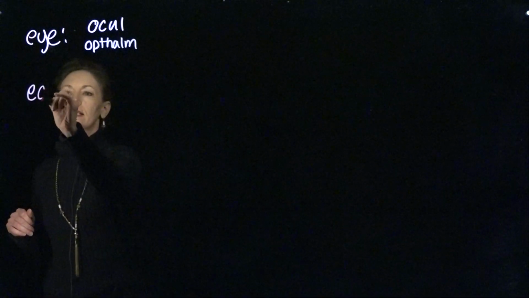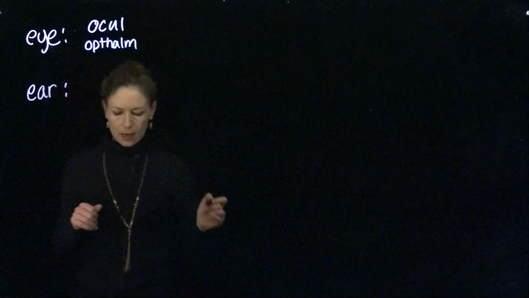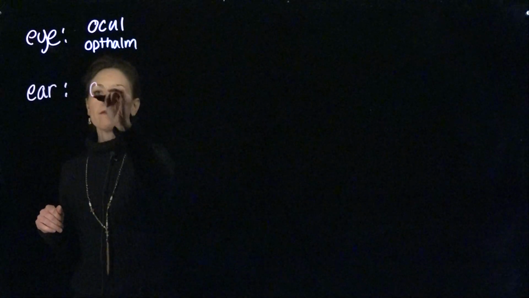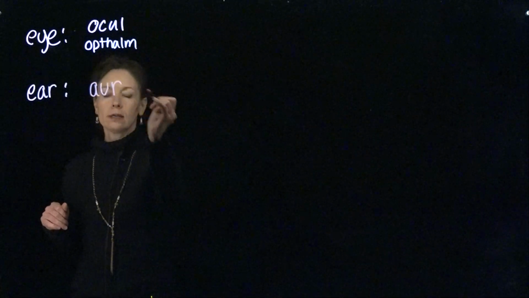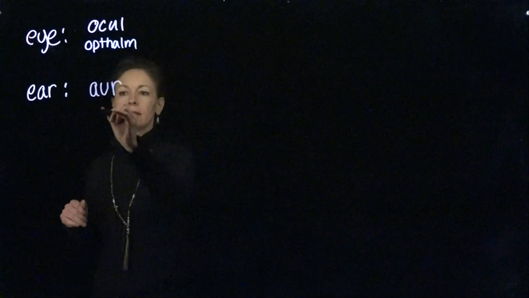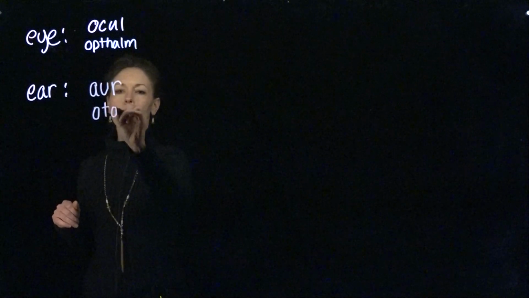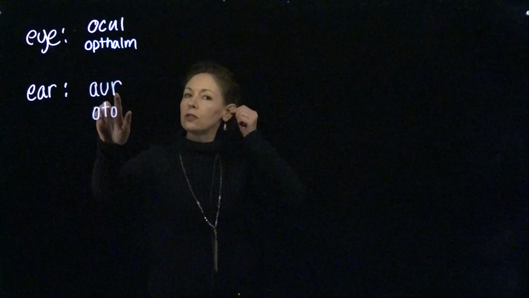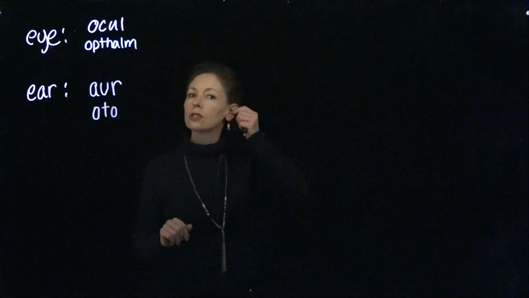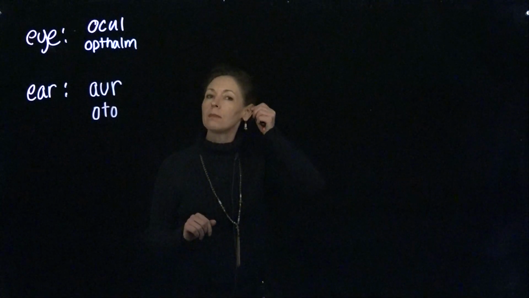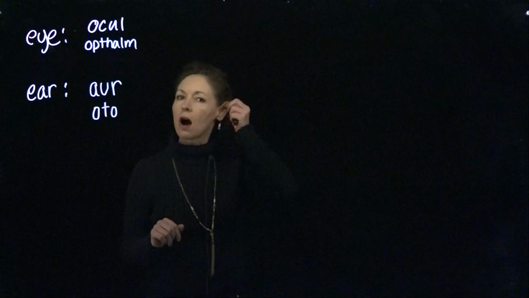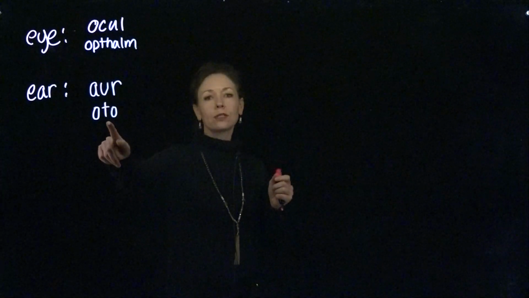Our next one is ear. For ear, flip it over, and you're going to have A-U-R and O-T-O, oto. So for example, when we teach you to take your tympanic temperatures, we tell you to pull up on the pinna. This is the auricle of the ear, and otoscope, the same thing.